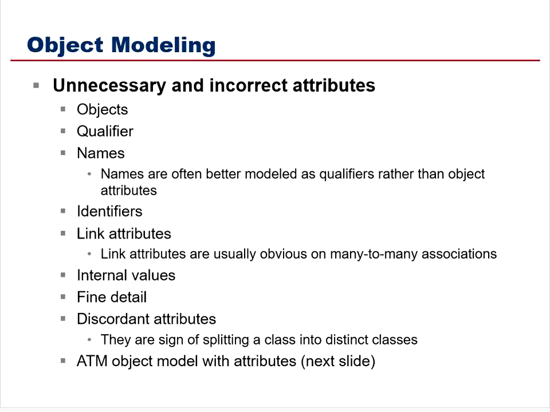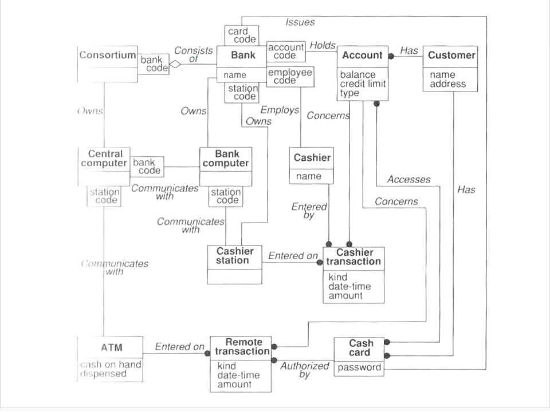In object modeling, from this we can create the ATM object model with the attributes for the ATM. As you can see, the bank has a name and a station code. Account has attributes balance, credit limit, and type. Customer has attributes name and address.